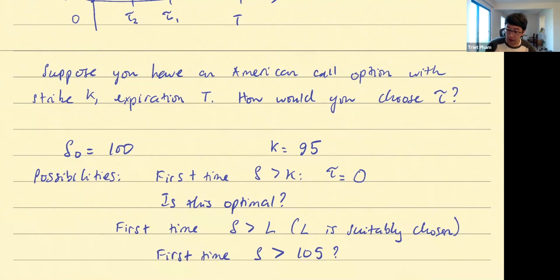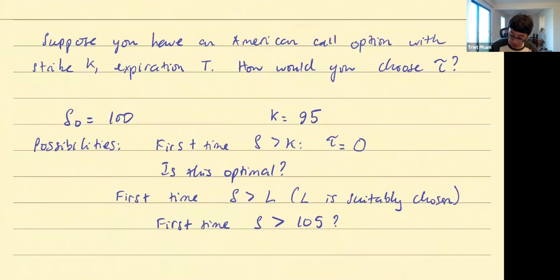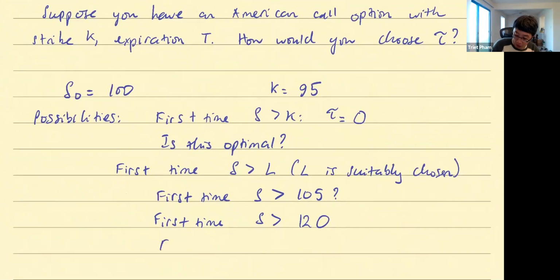Now, what I want you to get an intuition of is simply this. What is the difference between this and someone who is more greedy and someone who is less greedy? Let's say, what's the difference between these three choices?